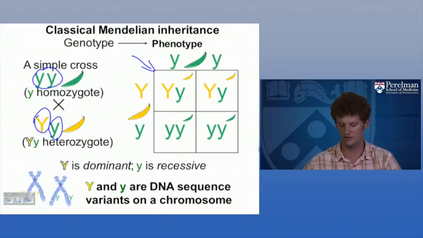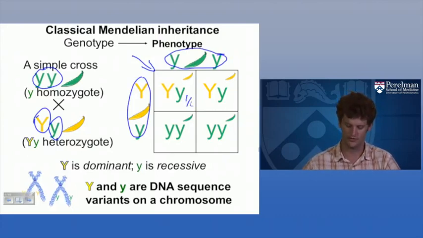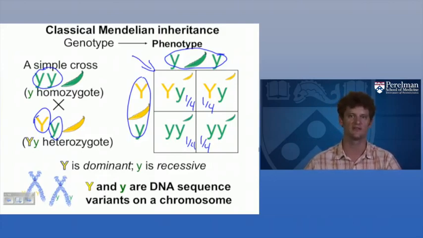So you'll get either a little y or a big Y from one parent, and you'll always get a little y from the other parent. Then you can look at the ratios of the progeny, so you'll have 1/4 in each of these boxes. The result is that in this particular cross, you get half yellow peas and half green peas. By following the patterns of inheritance, you can get a sense of which genes are involved, or how many genes are involved in a particular character.